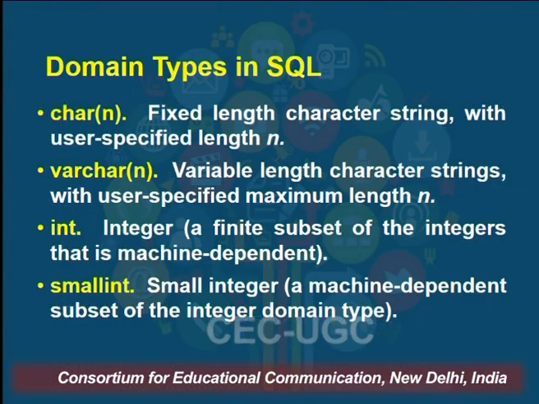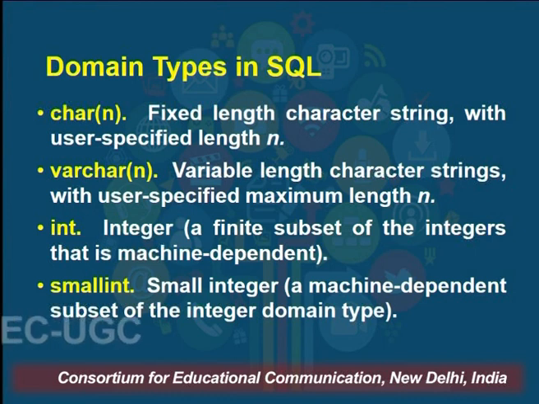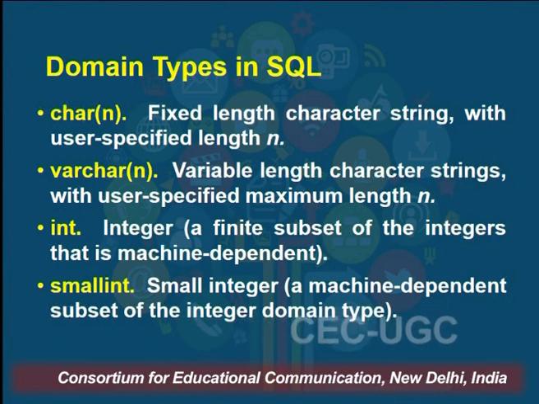These are known as domain types in SQL. So, what all domain types are available in SQL? Let us have a look at that. In some literature you can also say these are the data types of the data which is going to be stored inside the relation or table, but the more appropriate term is domain types.